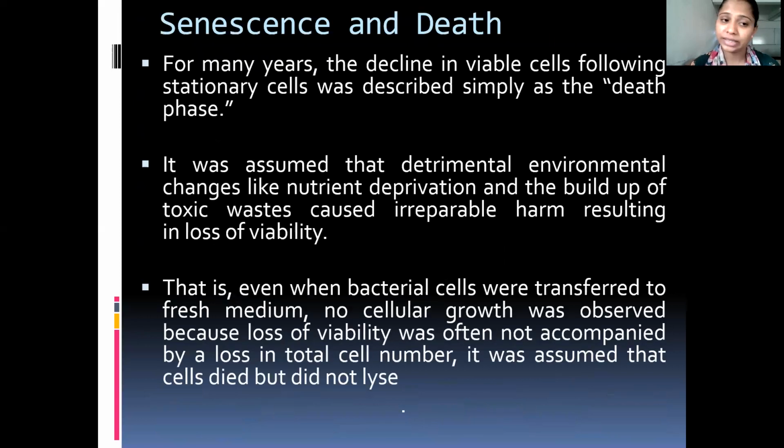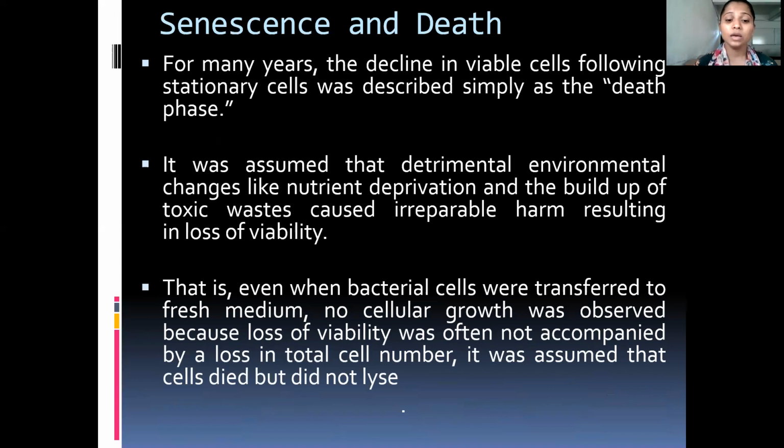Senescence and death. For many years, the decline in viable cells following stationary phase was described simply as the death phase. It was assumed that detrimental environmental change, nutrient deprivation and build-up of toxic waste cause irreparable harm resulting in the loss of viability.